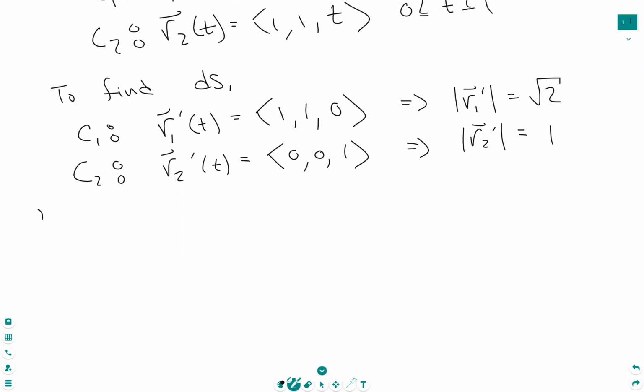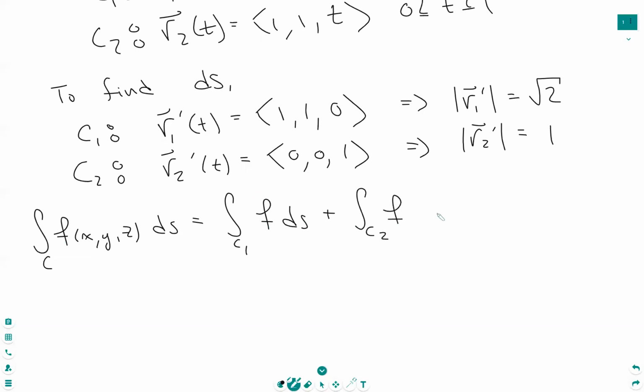So our line integral over C of our integrand, I'll just write it as x, y, and z for right now, ds is, first off, we're breaking this into 2 segments. So we're doing 2 line integrals like that.